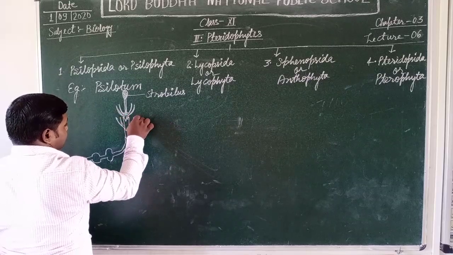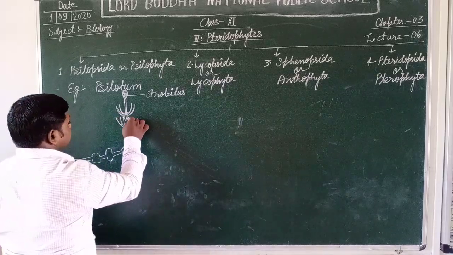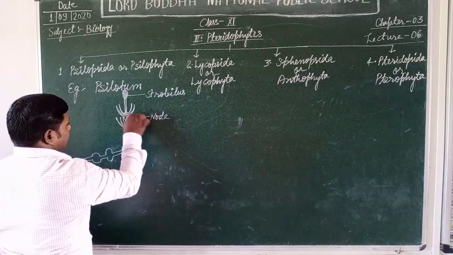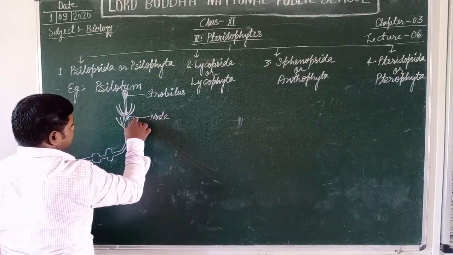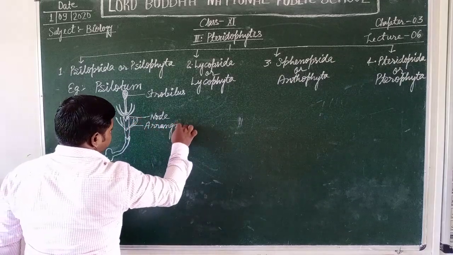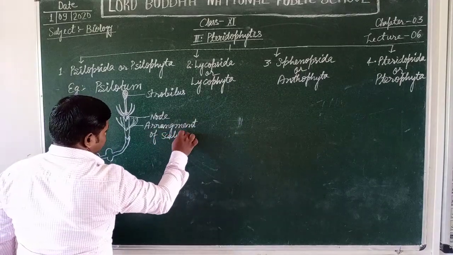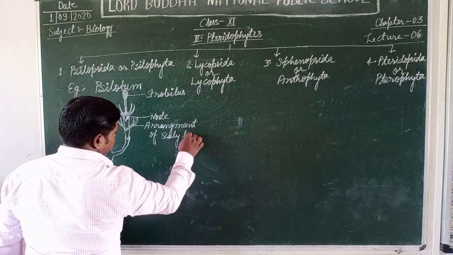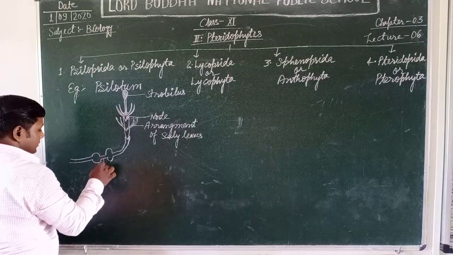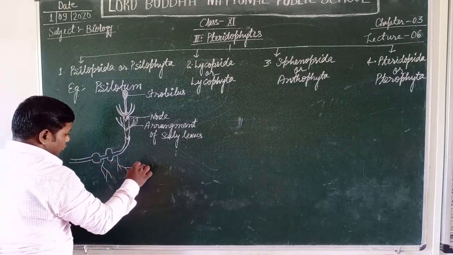This is the node on which the arrangement of the scaly leaf is present. And these are the kinds of roots.